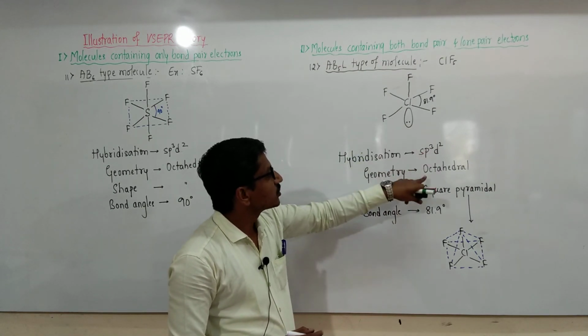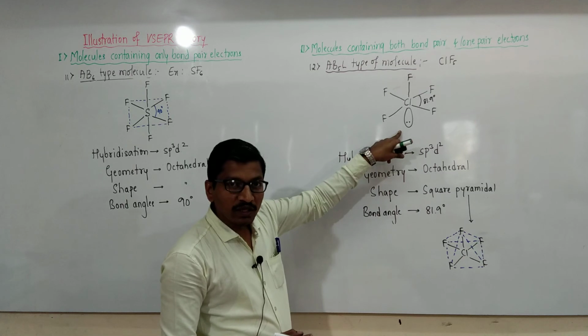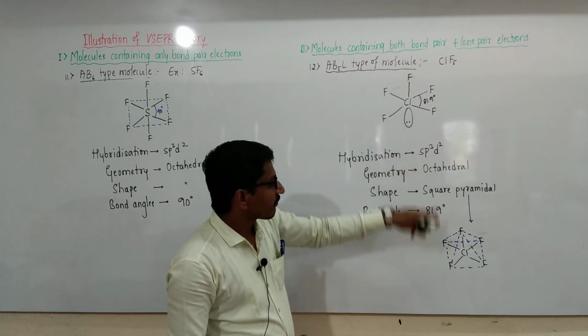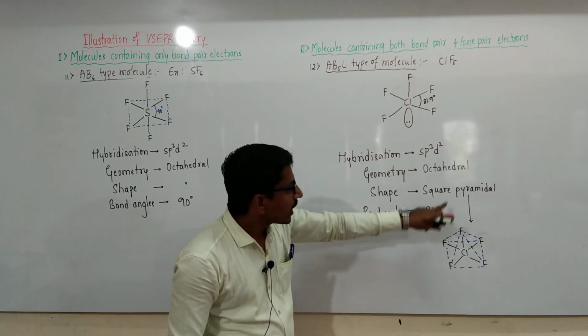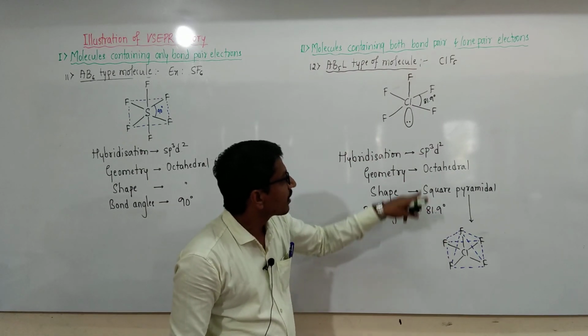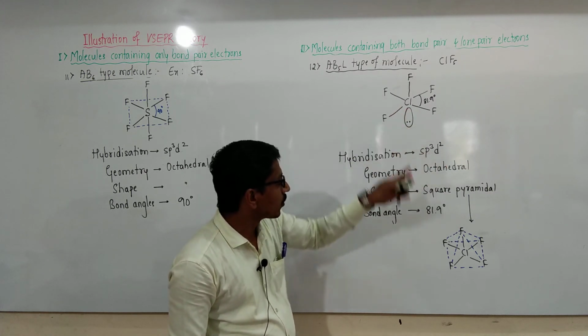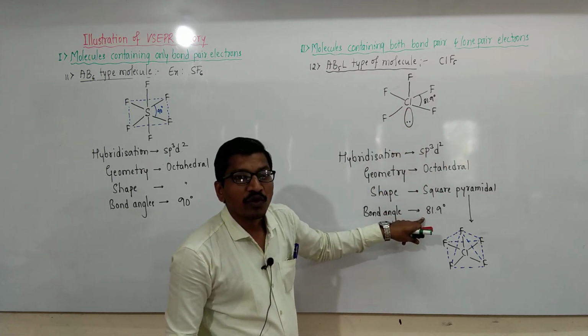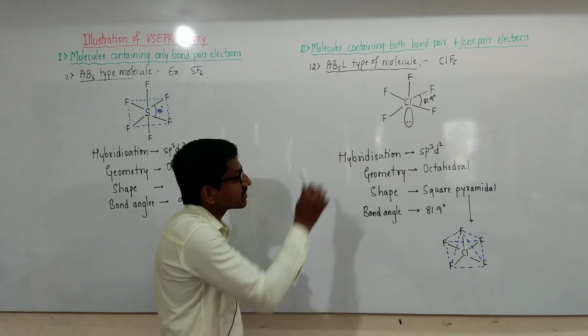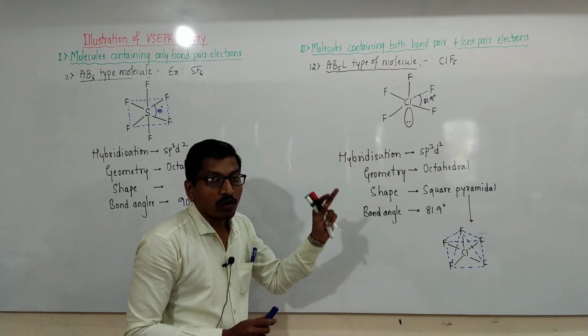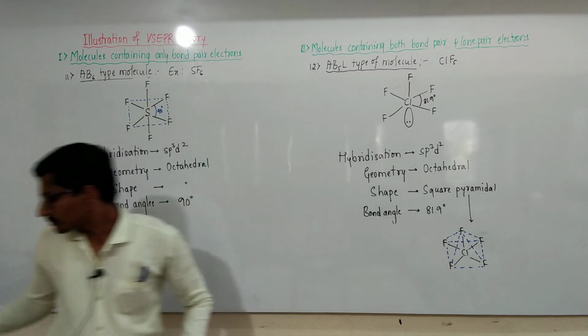While predicting the geometry we include the lone pair of electrons, while predicting the shape we exclude the lone pair, so it is square pyramidal shape and octahedral geometry, sp3d2 hybridization of central chlorine, and bond angle is 81.9 degree due to the presence of the lone pair. Lone pair bond pair repulsion is greater than bond pair bond pair repulsion.